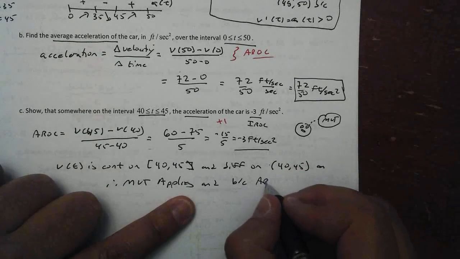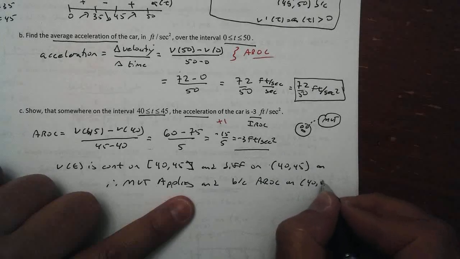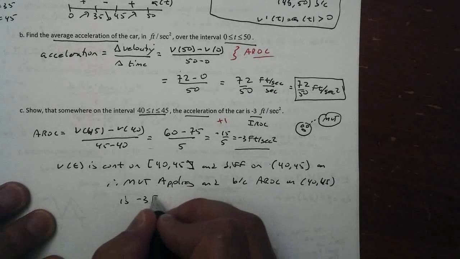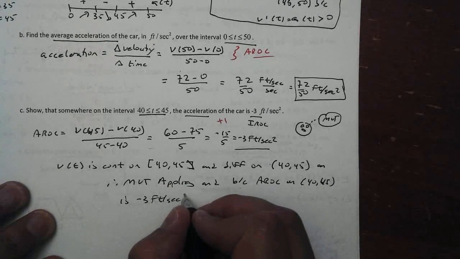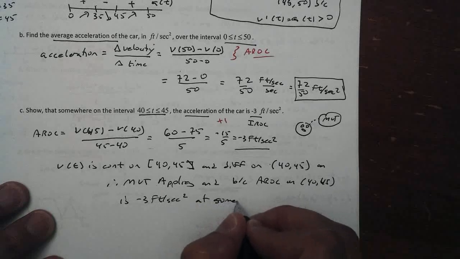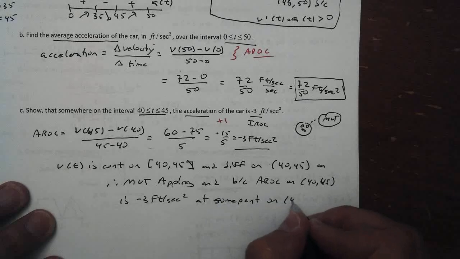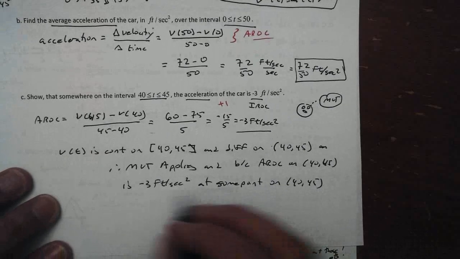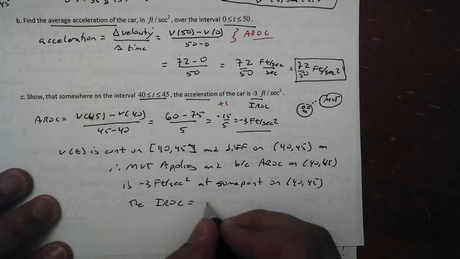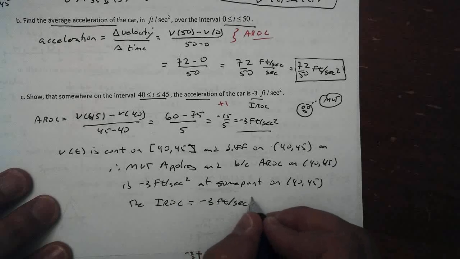Because the average rate of change on that domain, 40 to 45, is negative 3 feet per second squared, at some point on that domain, 40 to 45, the instantaneous rate of change must equal negative 3 feet per second squared.